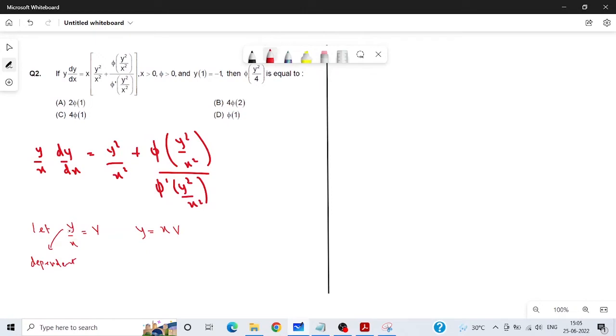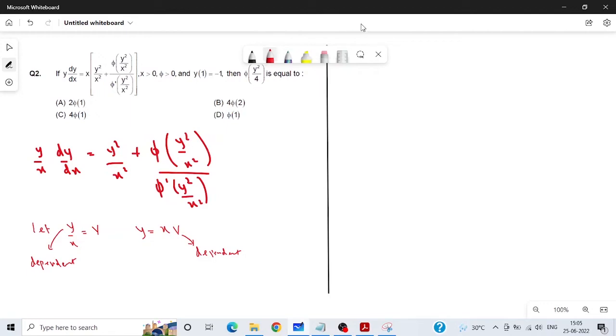After this substitution, our v becomes the new dependent variable. So the new differential equation after the substitution will contain v as dependent and x as independent.